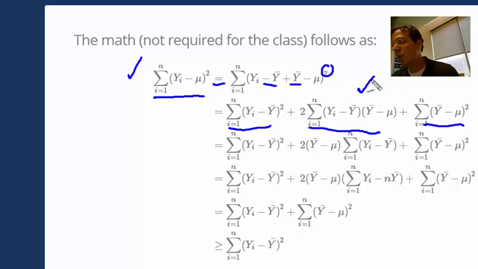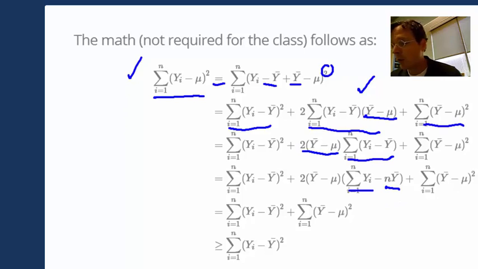Let's look at this term right here. Notice this doesn't depend on i, so I can pull it outside of the sum, out here. Then notice this guy right here, I can distribute the sum across it, so I get summation yi, and then if I add up y bar, which doesn't depend on i, n times, I get n y bar.